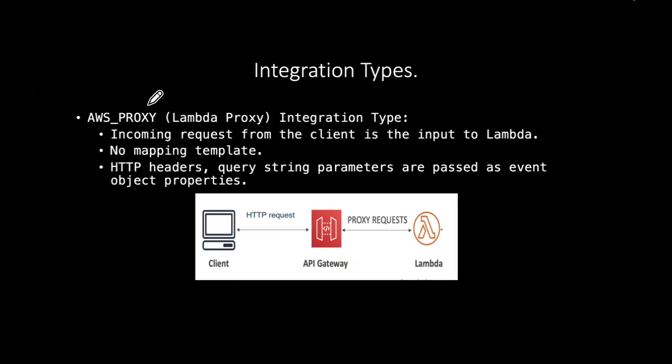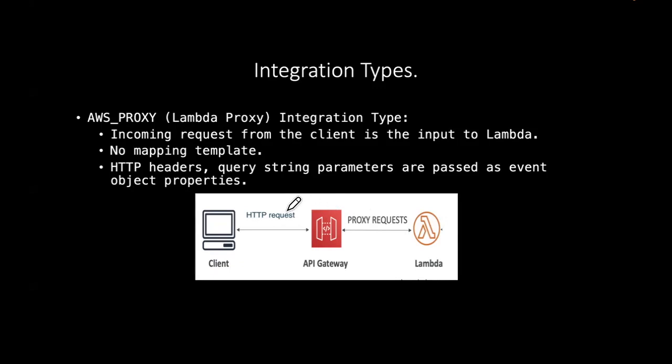And there isn't really any need for transformations or mapping templates in this scenario. API Gateway knows how to talk to a Lambda. It doesn't need assistance from your mapping templates to do that. So it will take your HTTP request. It will actually do some transformation on it, but it knows how to do that transformation.